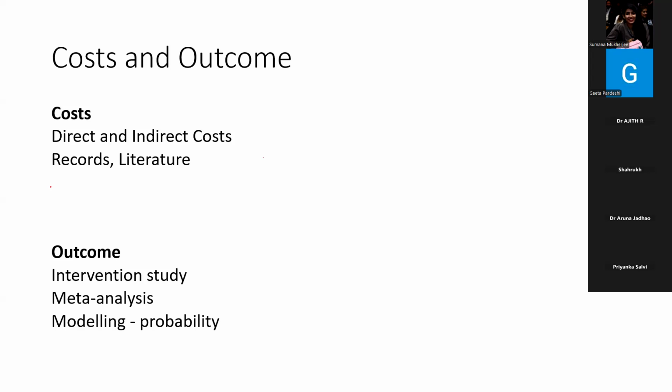So this is what I was talking about for the costs. Again, you have to go through records or you may also look at literature and try and get the data on the costs which are incurred for different components.